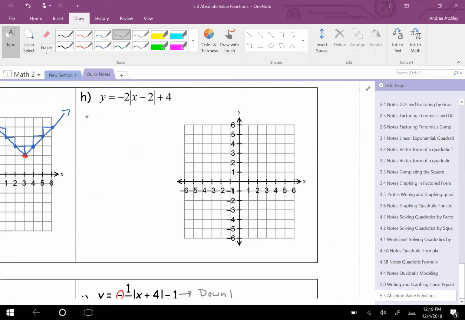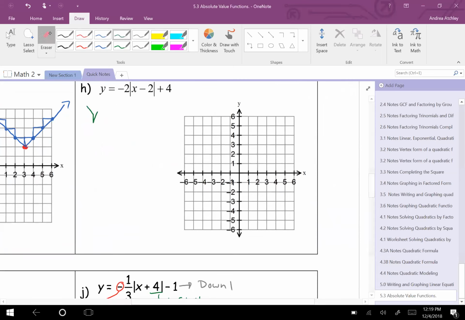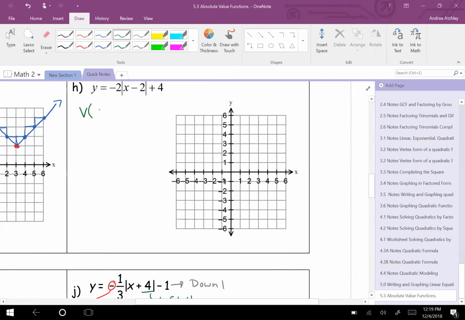We need our vertex. Okay. +2 and +4. So we're going to go where x is 2 and y is 4.